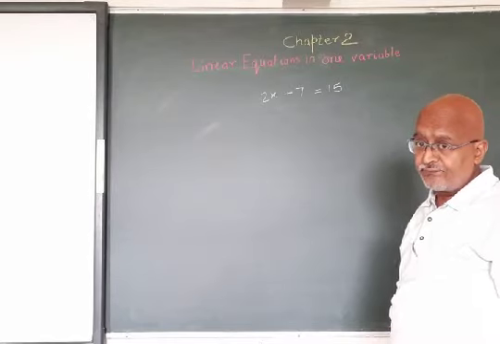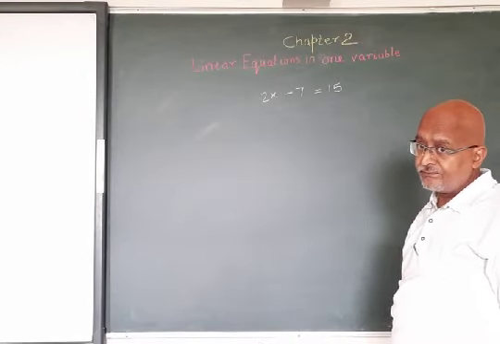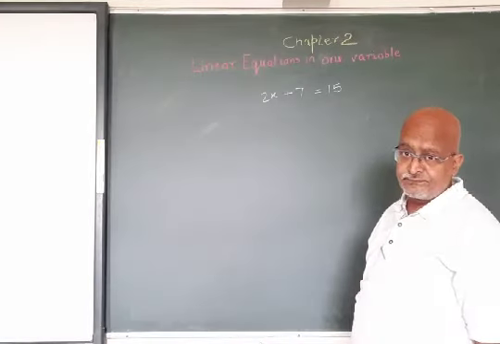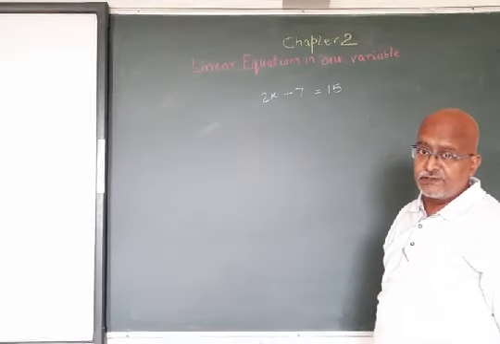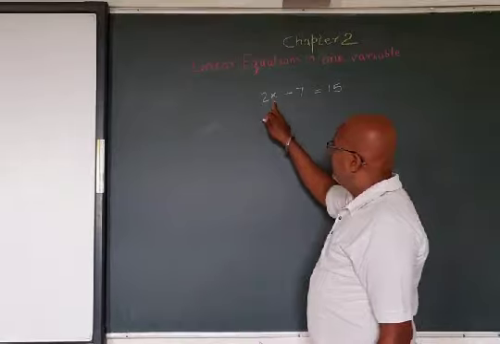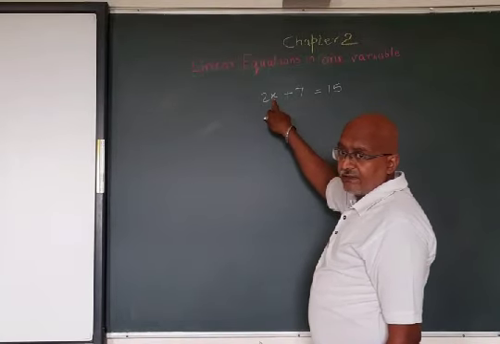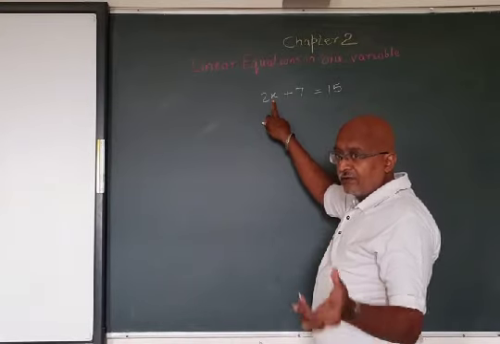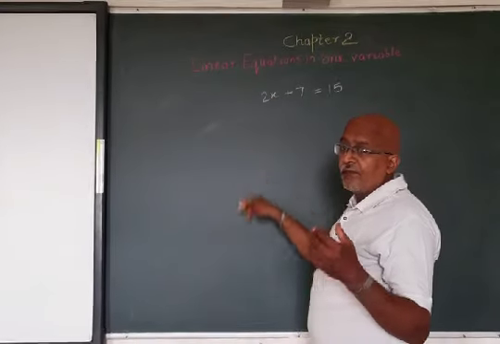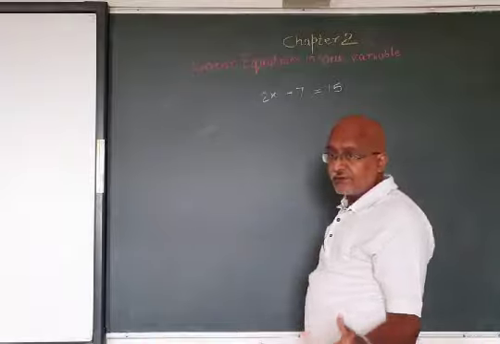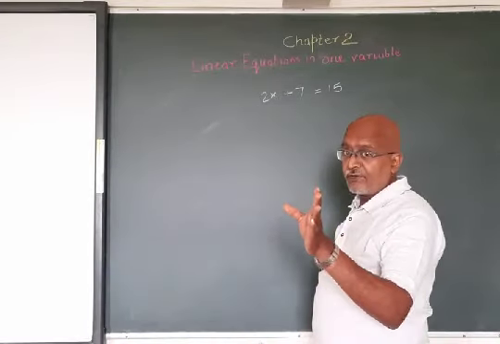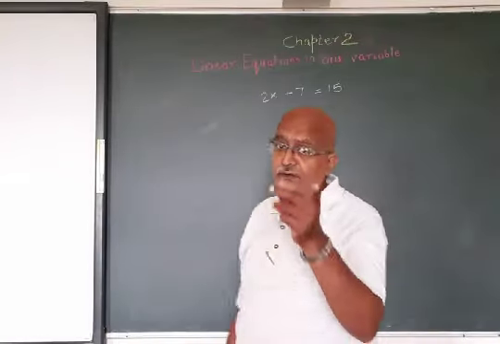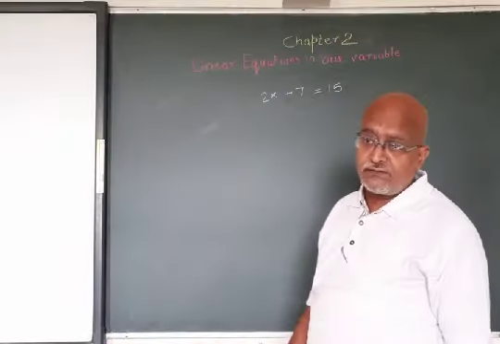Now find the cost of the pen. So let the cost of the pen be x. That way we have to form the equation. Here x is the variable. Whatever we have to find, whether it is the cost of some article or the number of students in one particular line, that is considered as a variable.